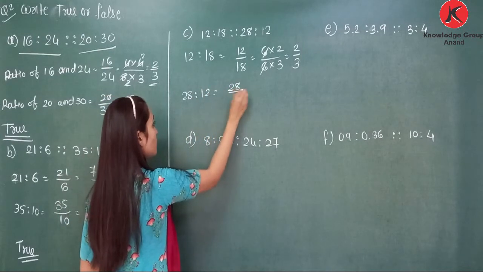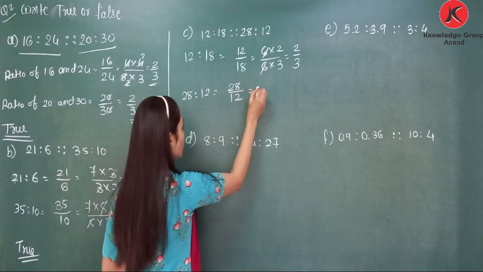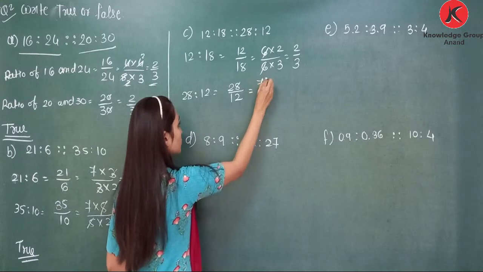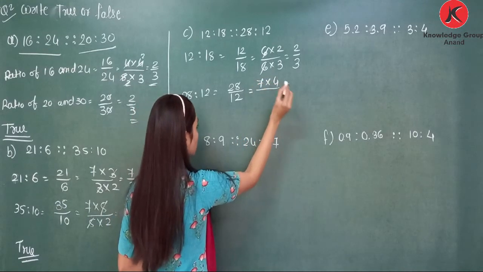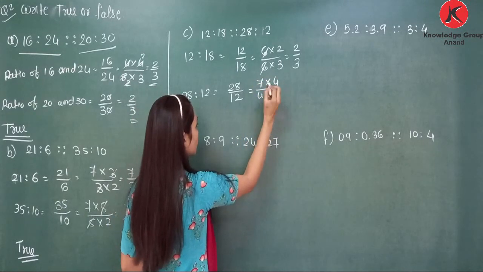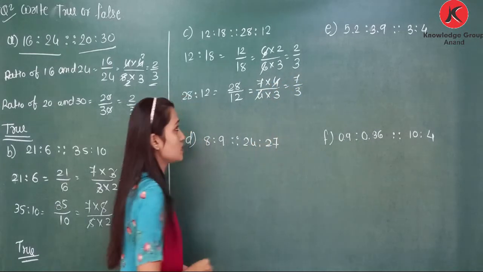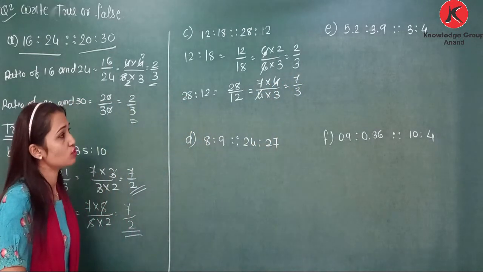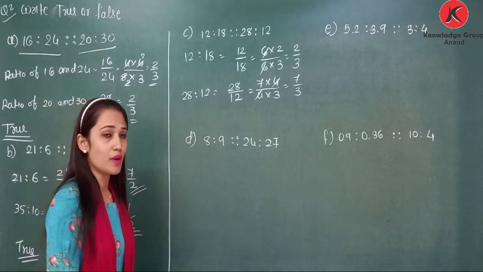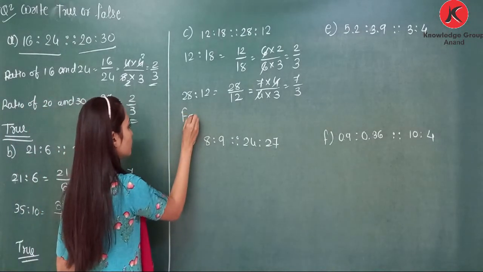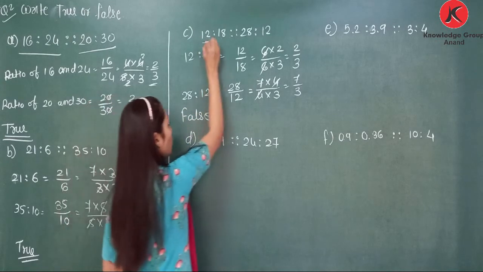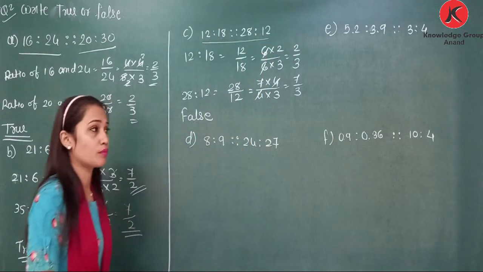So 28 will be in the numerator, 12 will be in the denominator. 7 4s are 28, 4 3s are 12. So 4 is common, so it is 7 by 3. Now you can see both ratios are different. First is 2 by 3 and second is 7 by 3. So it is false. It means these are not in a proportion.